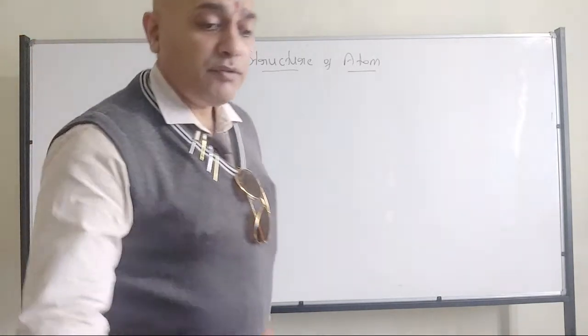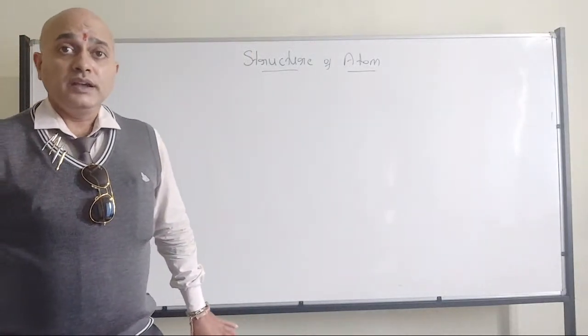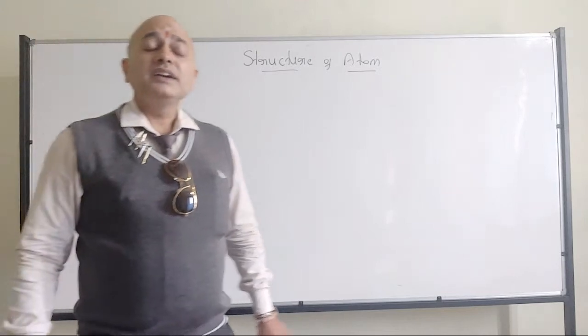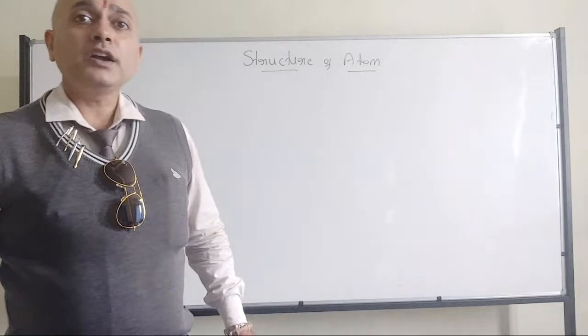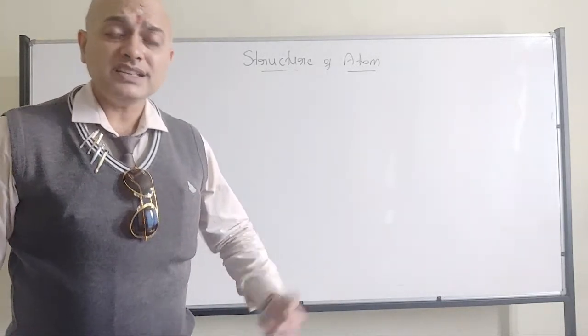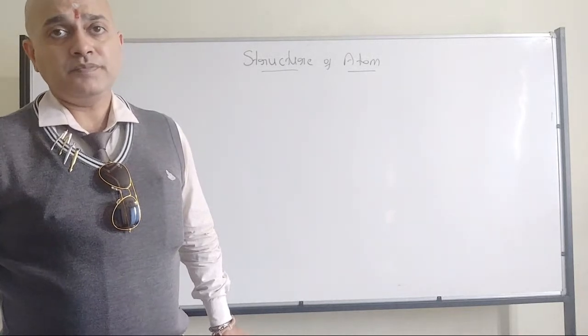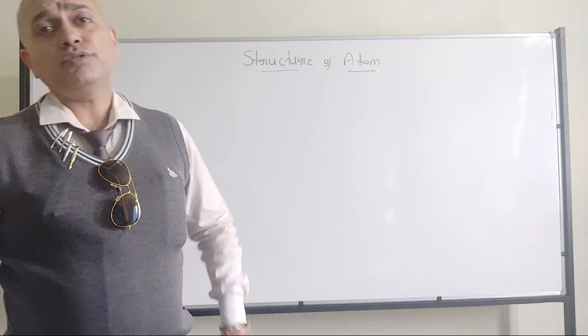So before moving to limitations of Bohr's atomic model, because you will understand the limitations when I will be talking about concepts like de Broglie's equation and Heisenberg's uncertainty principle. So before going for that, we have to do even these two concepts.